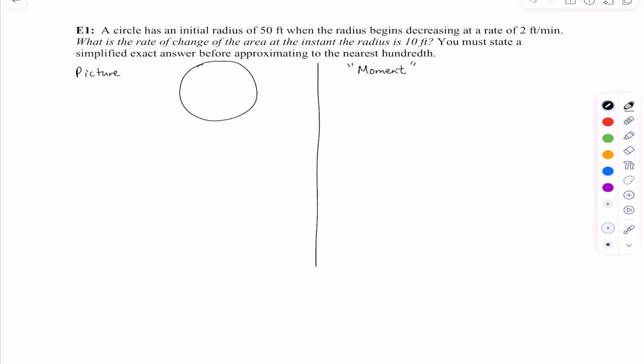Now just pretend that's a circle. The radius is changing, and we know that the radius is decreasing.